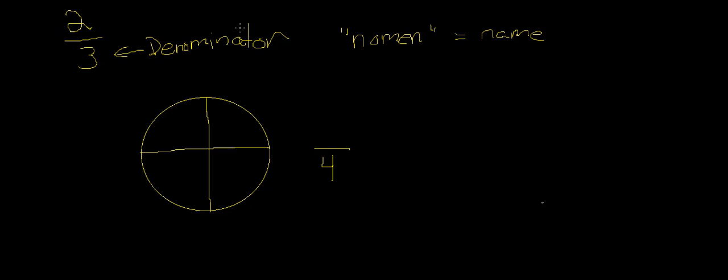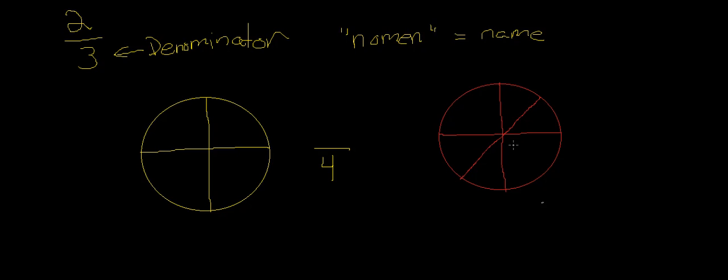Now, if I have another circle, and I decide to split that into equal parts, I wish I had something that would do this well for me. So we have fourths.